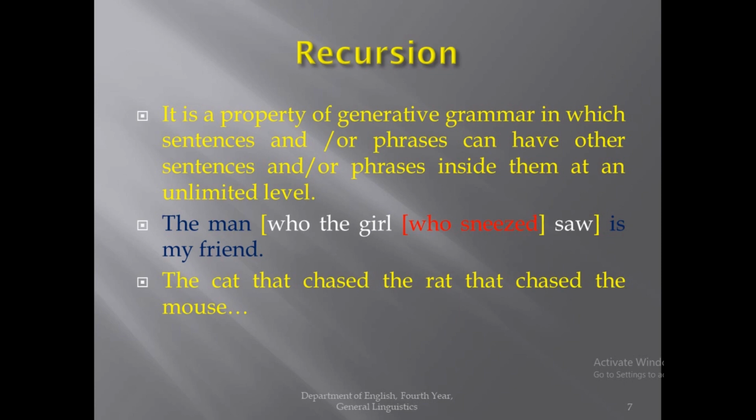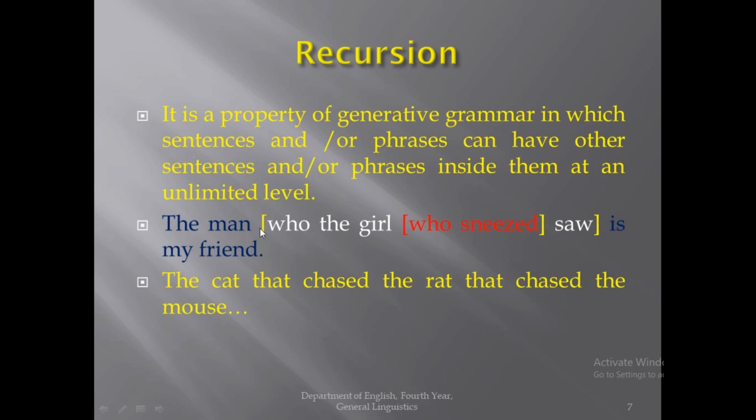It refers to sentences or phrases that can have other sentences and phrases inside them at an unlimited level. For example, the man who the girl who sneezed saw is my friend. You see? So the basic sentence is the man is my friend.